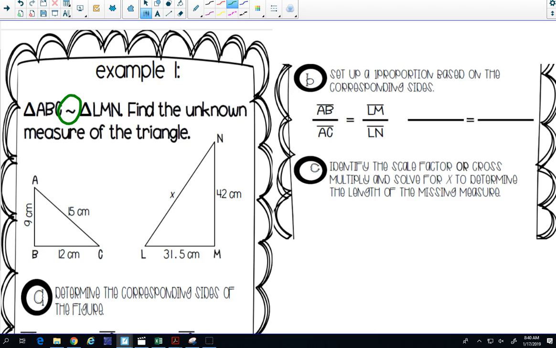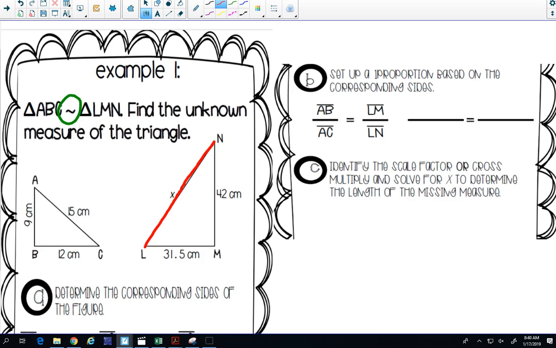What we're going to do for these, just like we practiced yesterday, is look at the corresponding sides. What I'm trying to find out is x. So go ahead and take a color and draw on the line that has x. Now LN is x.